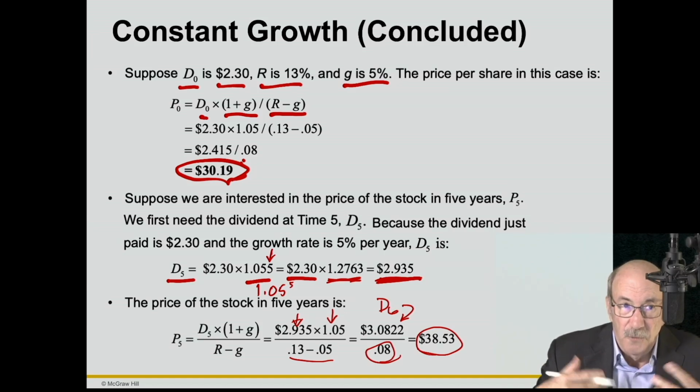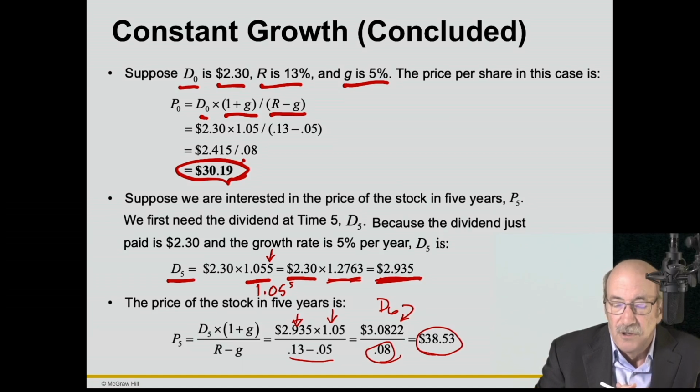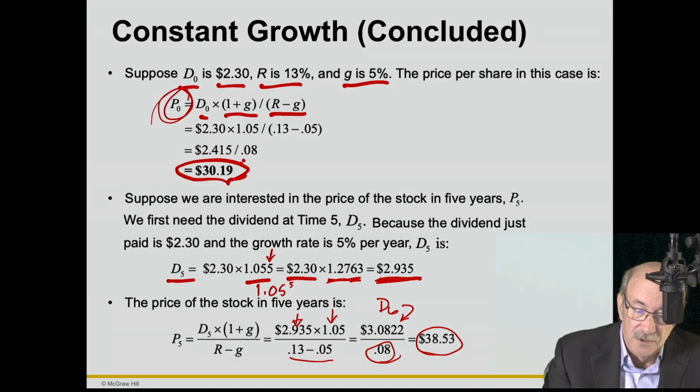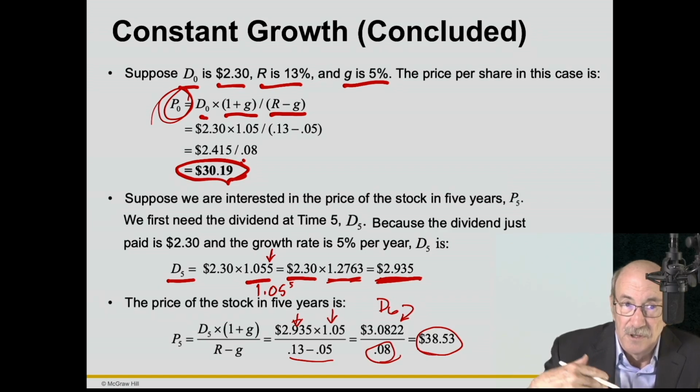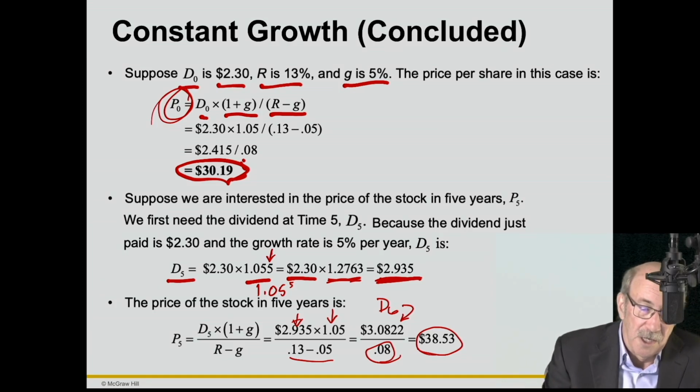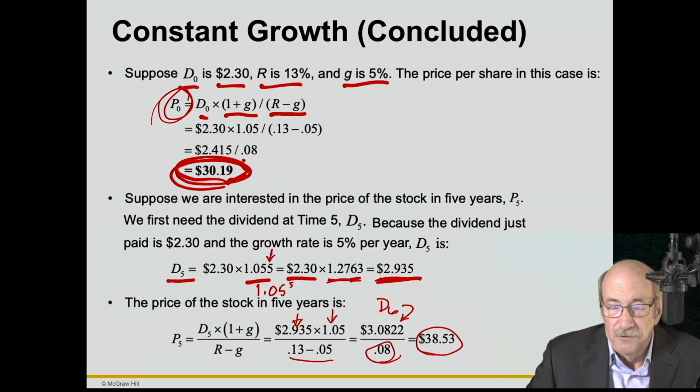But again, we could keep doing this exercise over and over and over again, and we would still get that the value today is $30.19. The value in the future is going to be higher, but obviously the present value of that is still going to be considerably smaller. And when we add that plus the dividends that we would receive in the interim, we end up with the $30.19.